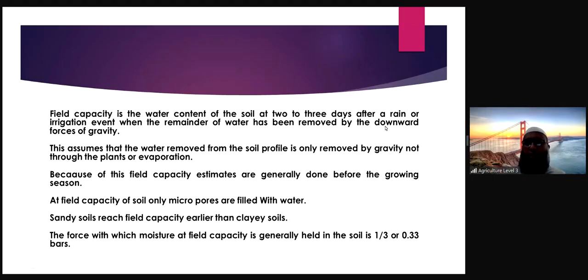If you flood the soil, all the macro and micro pores will be filled with water. And then if you just let it dry, only the downward movement of water is allowed, nothing else.